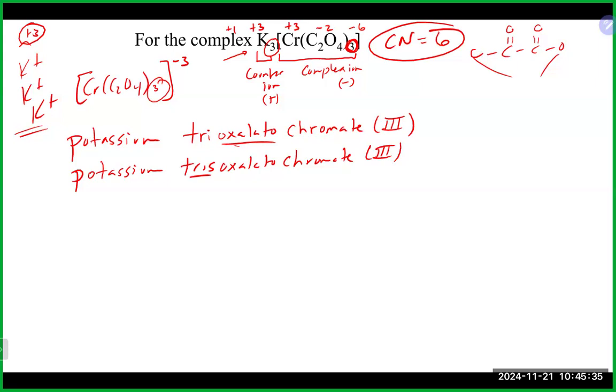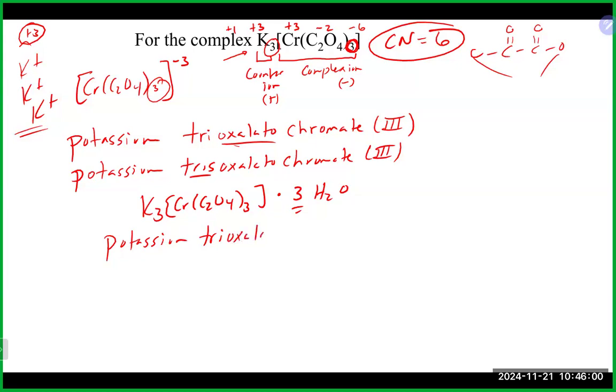By the way, I think perhaps the one that was on the paper was actually a hydrate. I don't remember what the water was. There's so many waters, so I'll go with it was 3 waters. Why not? I don't remember what it was. But you would name it the same way. You could go still potassium trioxalato chromate 3.